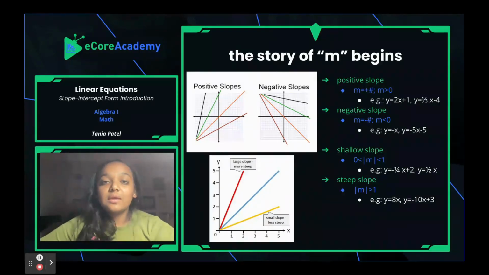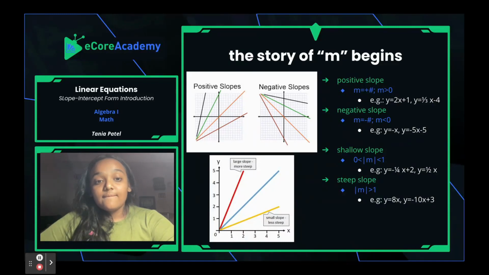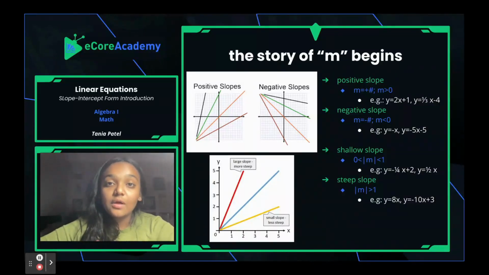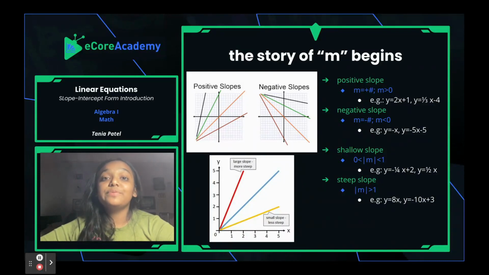Also, what else the M tells you is whether the slope is shallow or steep. When a slope is shallow, the absolute value of M is between 0 and 1. Keep in mind that M cannot equal 0 or 1 for it to be shallow. It will have to be a number between 0 and 1.